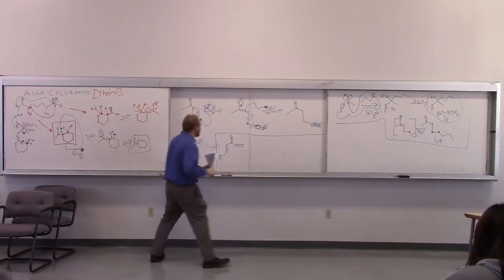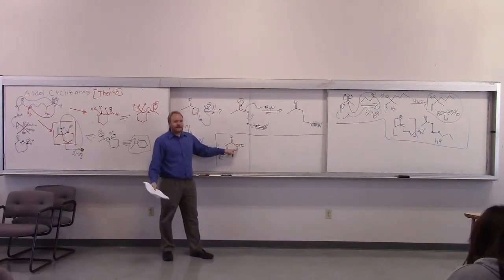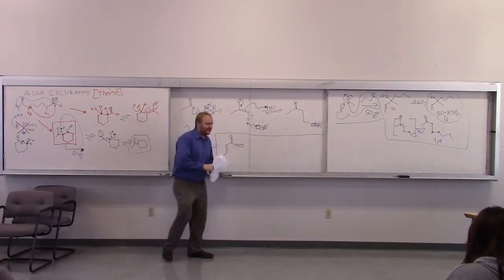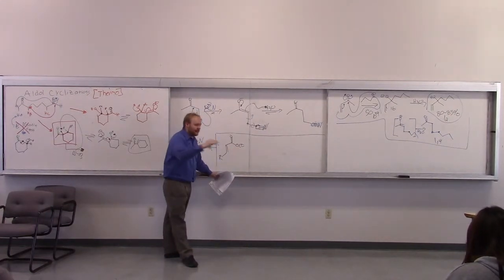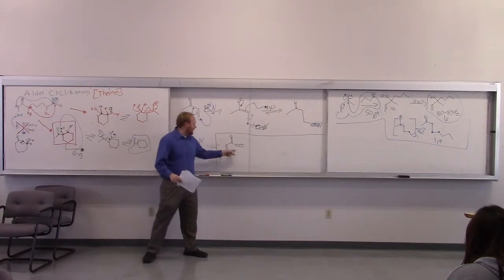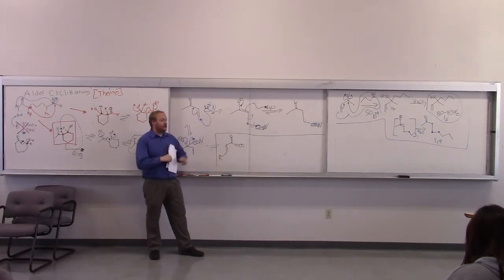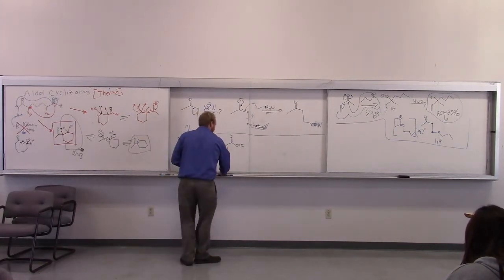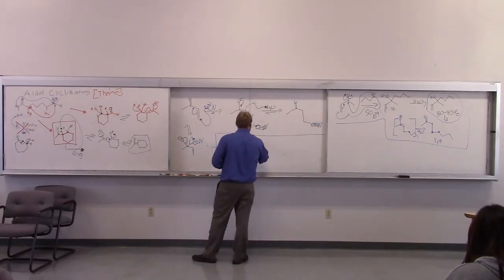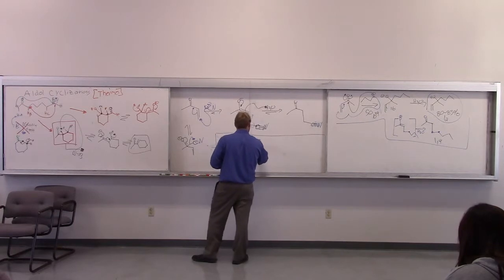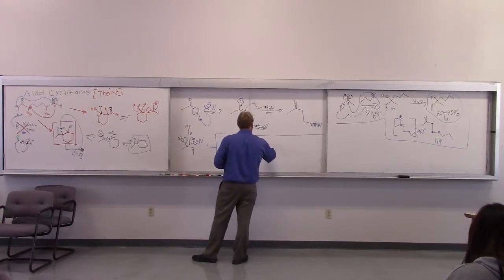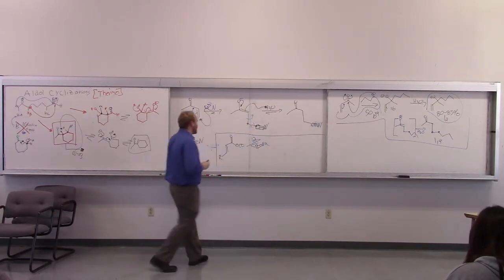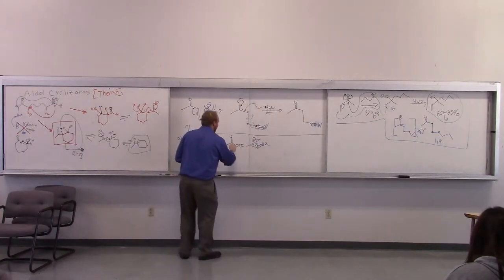So let's make this a little easier case. Let's not have a pesky alpha hydrogen, so that way you don't have to worry about forming an enolate and other stuff. So let's just have a case that has no alpha hydrogen and it's just ready for a nucleophile to add. So we take sodium methoxide and add it in.